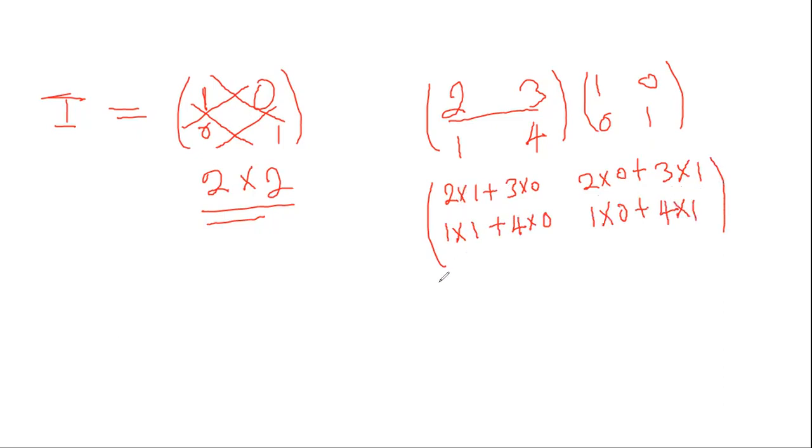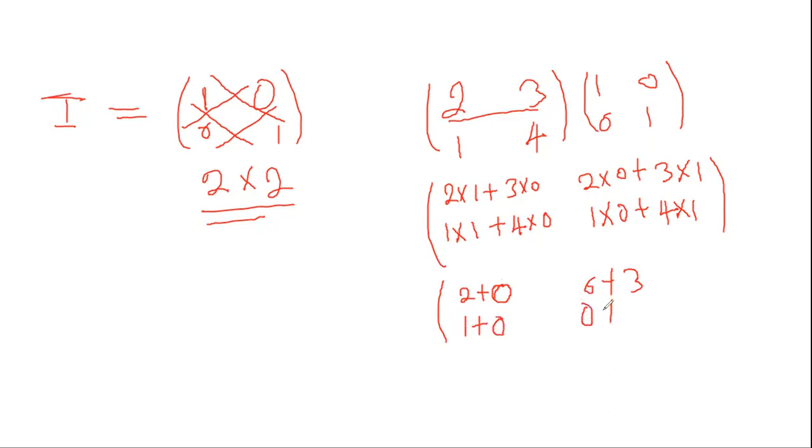So what is 2 times 1? 2. 3 times 0? 0. 2 times 0? 0. Plus 3 times 1? 3. 1 times 1? 1. Plus 4 times 0? 0.